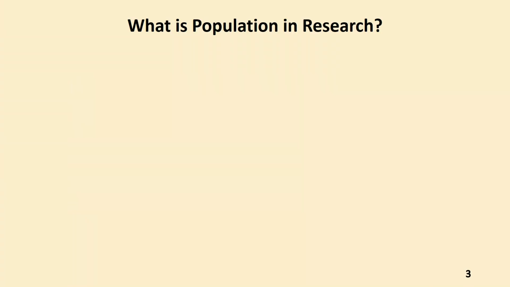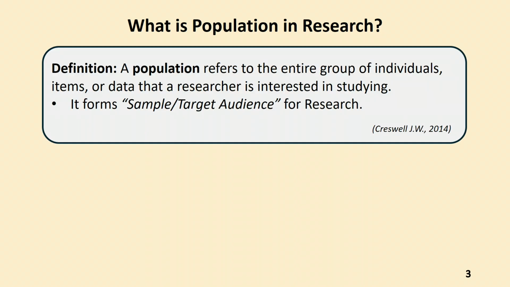First of all, let us discuss what is population in research. You can see here on the screen, a population refers to the entire group of individuals, items or data that a researcher is interested in studying. It forms the target audience for research.